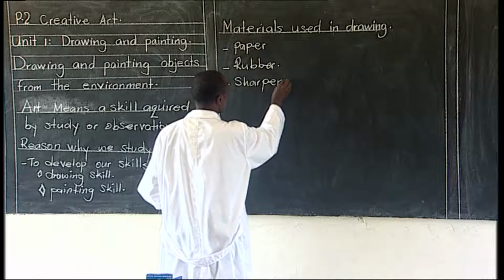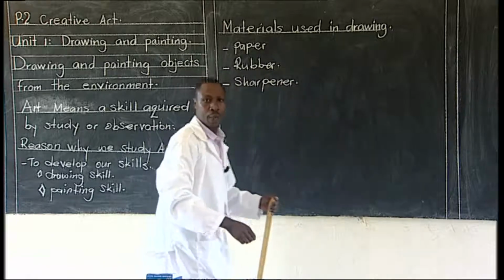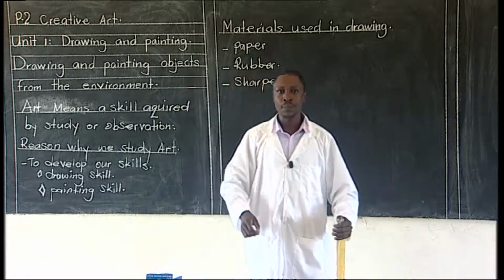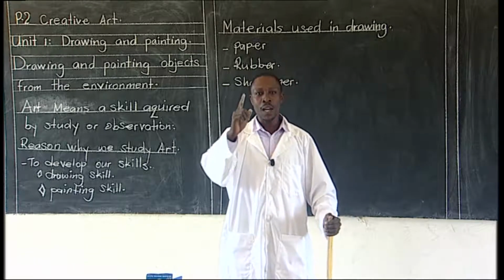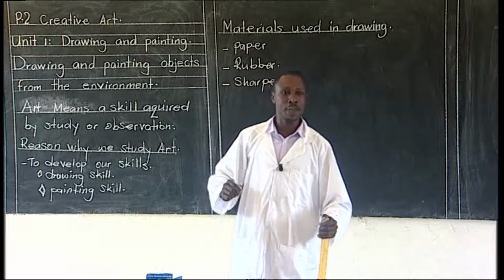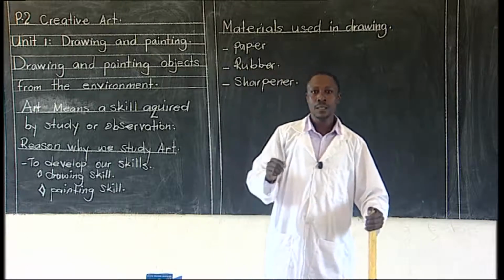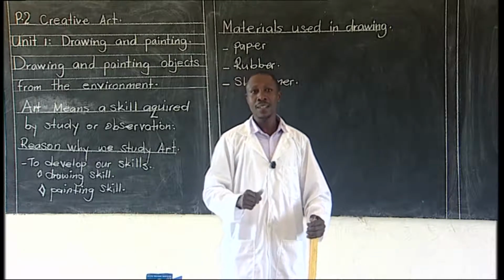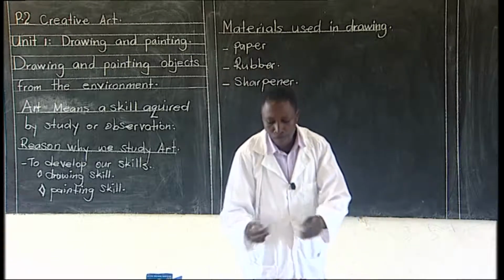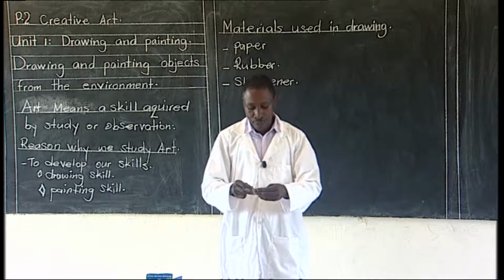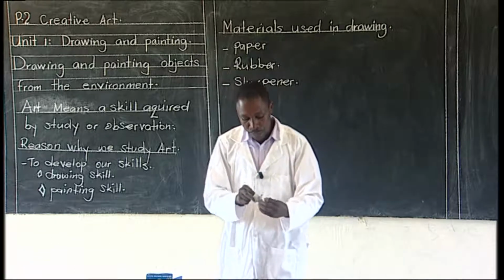A sharpener. Who can tell us the use of a sharpener when you are drawing? I'm waiting for the answer. Good. Now, a sharpener is any sharp material that you can use after breaking your pencil.